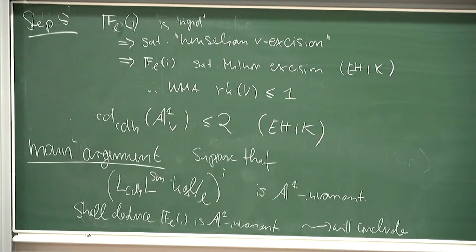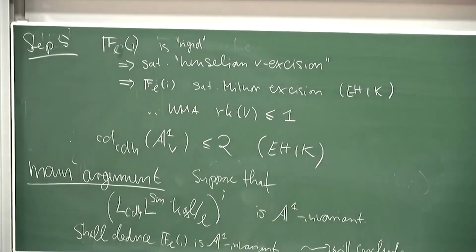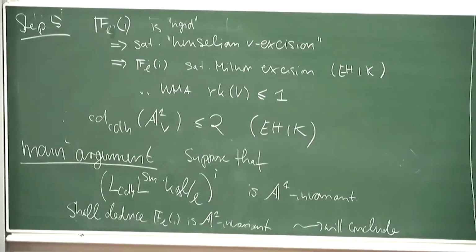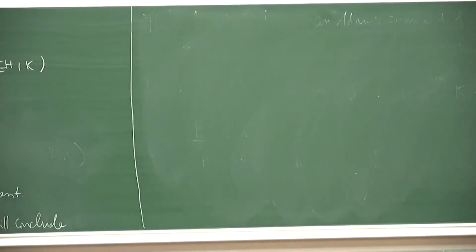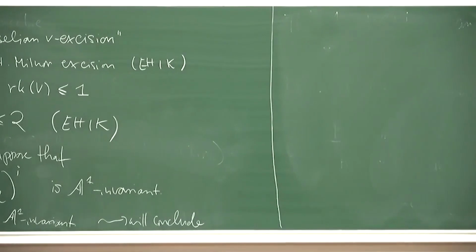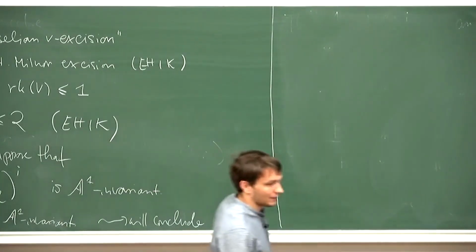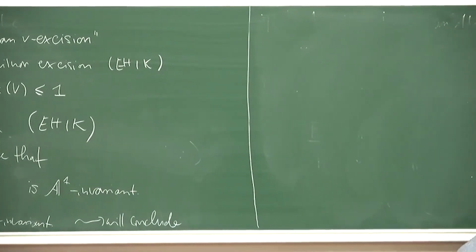So what do I do? Well, I will look at the motivic spectral sequence for A1 over V, and it converges. Well, I will not quite look at the motivic spectral sequence. I will look at the spectral sequence coming from the filtration in degree I. So the effective motivic spectral sequence or something like that.